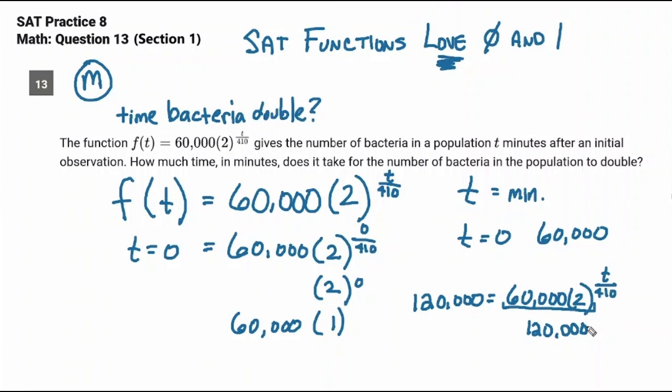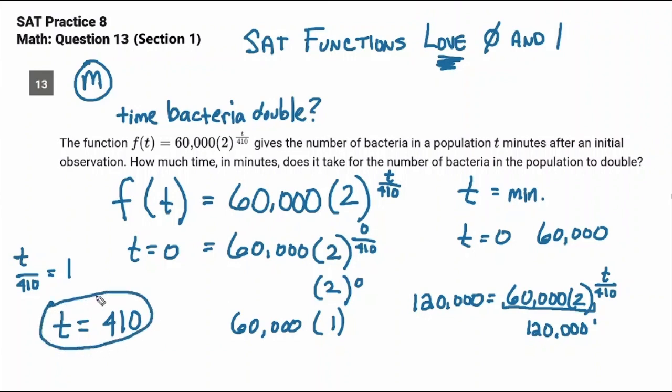Well, I obviously want it to be 1, because I want it to be 120,000 equals 120,000. So I guess you could do some fancy algebra here, but guys, think about it. If t over 410 is 1, what's t going to have to be? It's going to have to be 410. And that's it. That's the answer. You get it right, and now you move on to some fun hard questions.